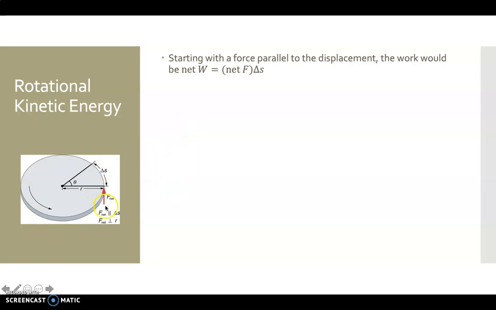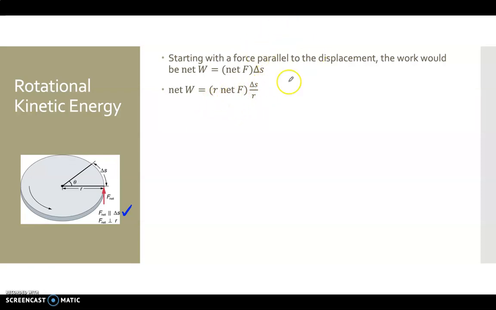We've got some force parallel to its displacement, parallel to delta S. For that situation, we can say that our net work is equal to our net force times delta S, our displacement. Then let's multiply and divide by R.